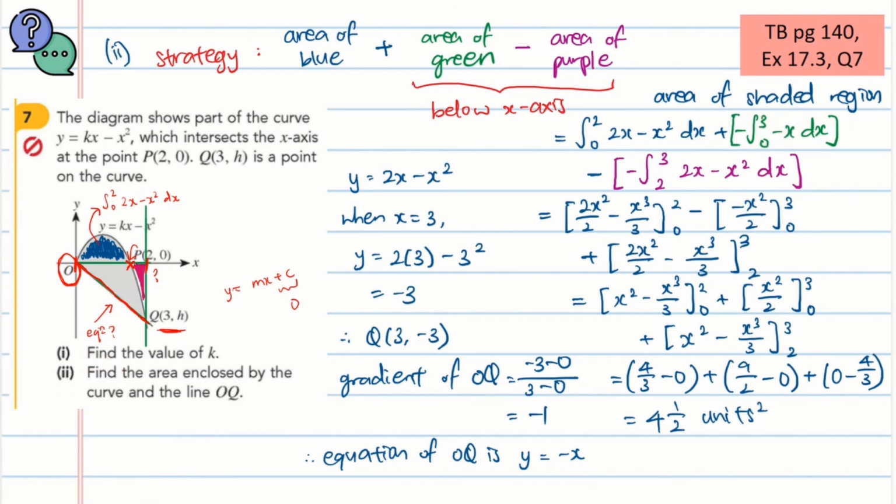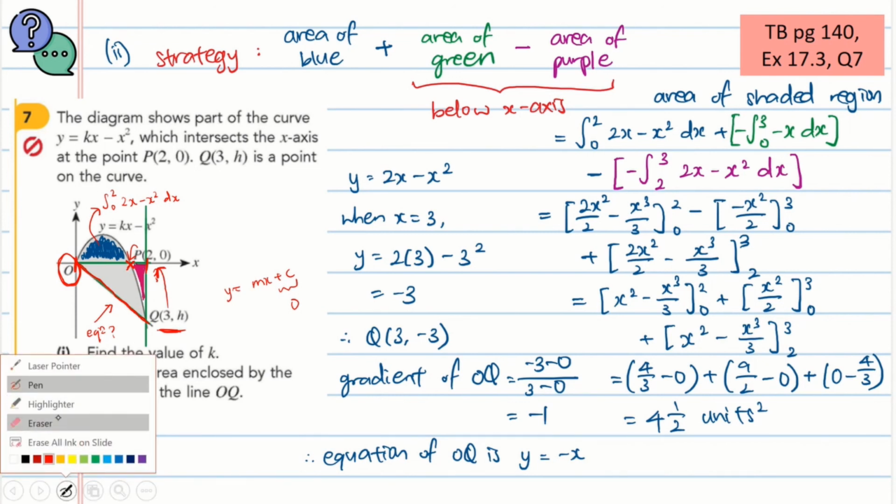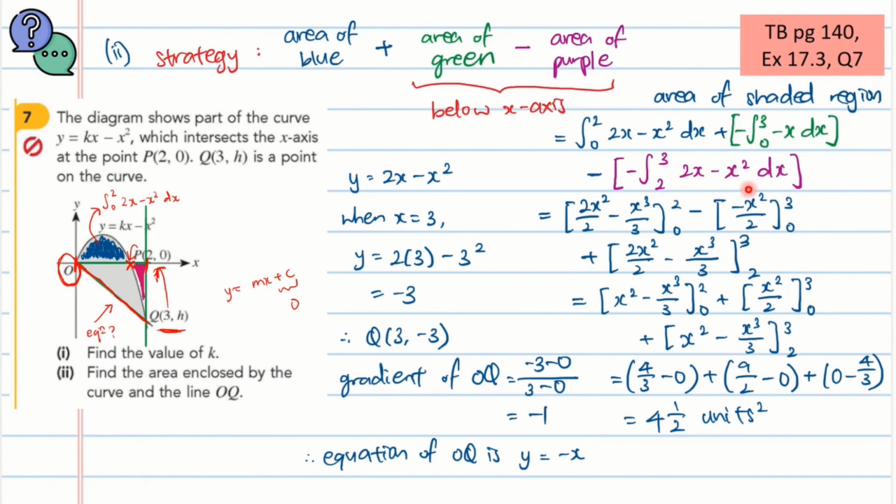Because that is the x coordinate of Q. Then I will need to minus away the equation of the curve, which is the purple part, from 2 to 3. And do keep in mind it is below the x-axis again, so minus. So this minus here and this minus here are a result of being below the x-axis, while the plus sign here is due to our strategy, and this minus sign here is due to our strategy.